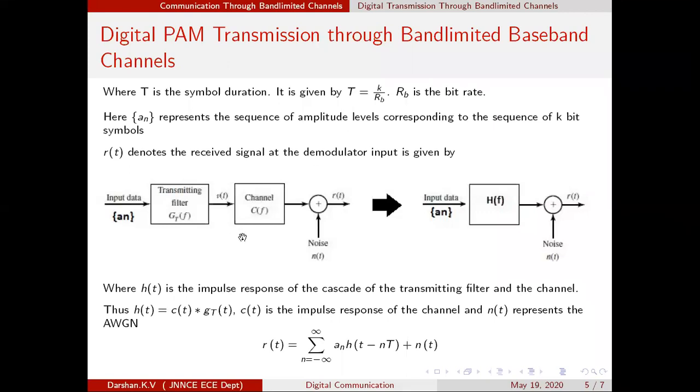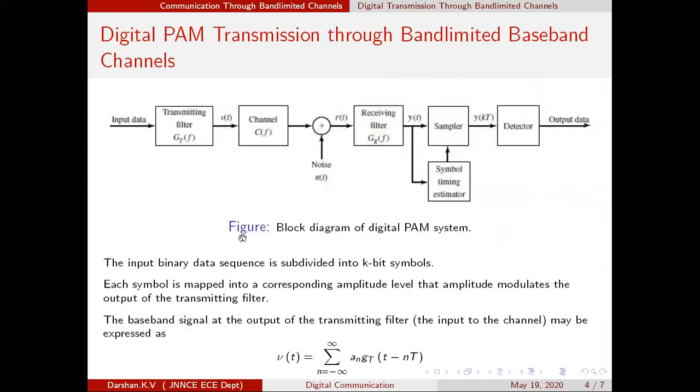Now the previous block diagram which you are seeing, I am taking only that part of the block which starts from input data to R of t. I am not talking about what is happening at the receiver. I am considering the block diagram starting from the input side to the received signal.